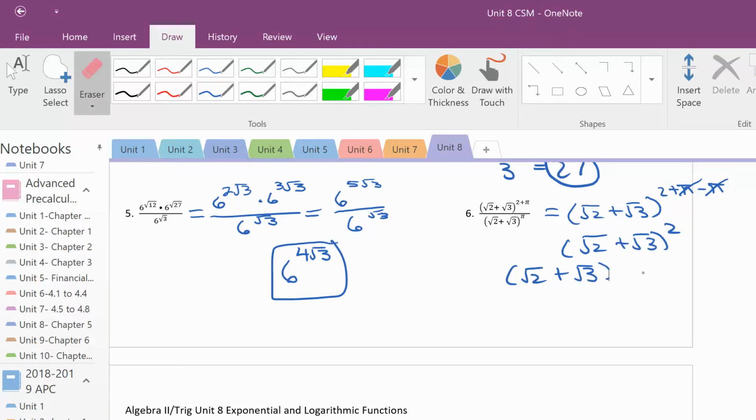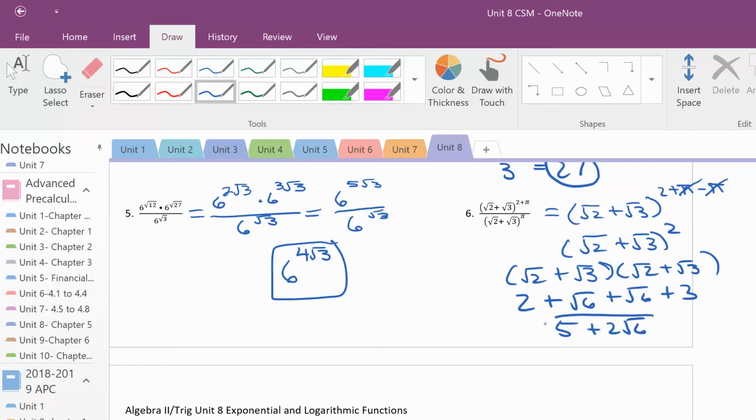So we FOIL it to make it 2 plus rad 6 plus another rad 6 plus 3. So it's 5 plus 2 rad 6.